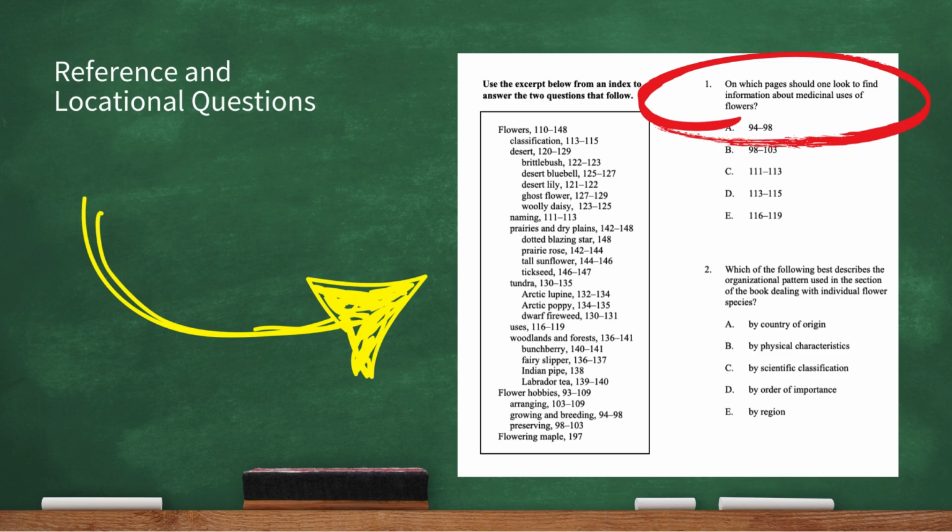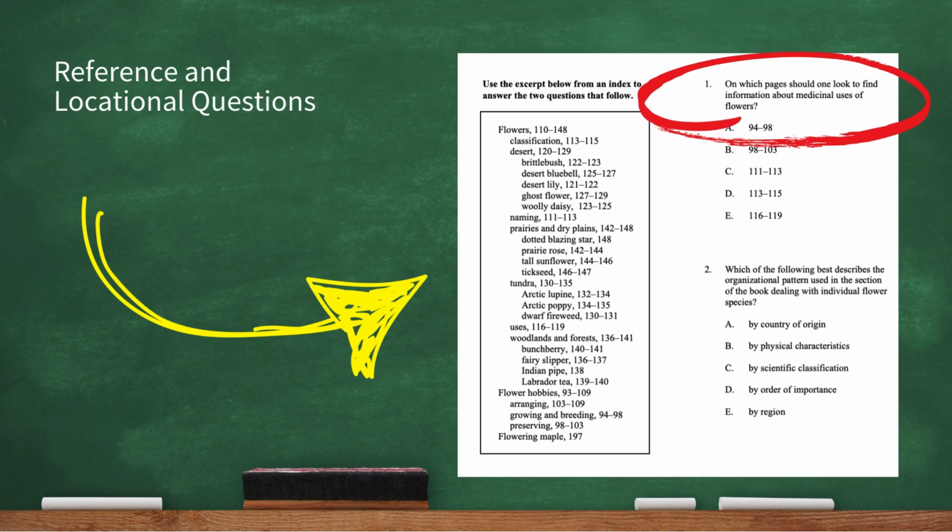Now, if we take a look at question number one, which asks, on which pages should one look to find information about medicinal uses of flowers? This is the type of question that comes back to the reference and locational question. So you can look something up.